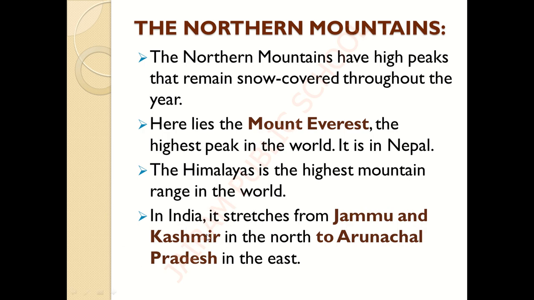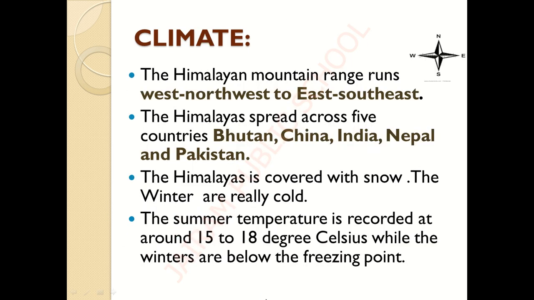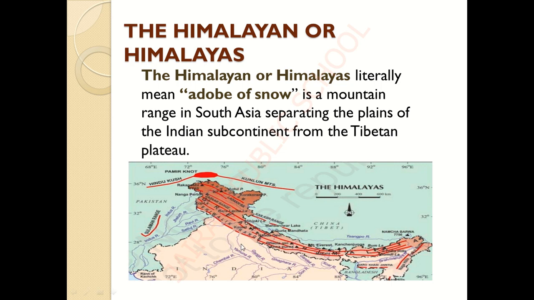And the next is the extension. We can see that this part covers only a few regions of the Himalayas. This is only the Himalayan part, not the entire map. It is about the Indian map, where its extension starts and where it ends. It starts from the part of Jammu and Kashmir. Here is the region of Jammu and Kashmir in India.